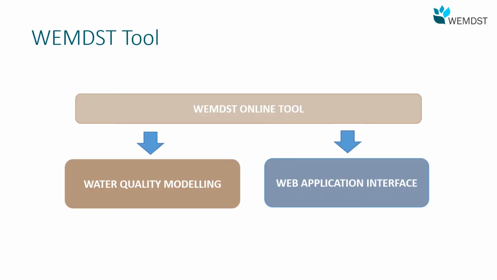Behind the scenes, the tool is composed of a water quality modeling component and a web application interface, which is what the user interacts with. The water quality modeling component consists of a large database and multiple mathematical models in order to be able to simulate the water quality for a certain scenario.